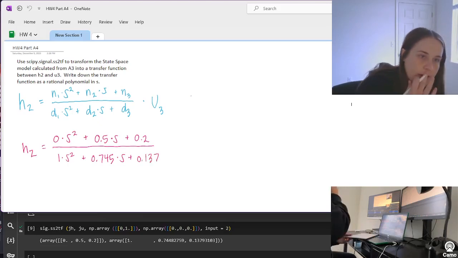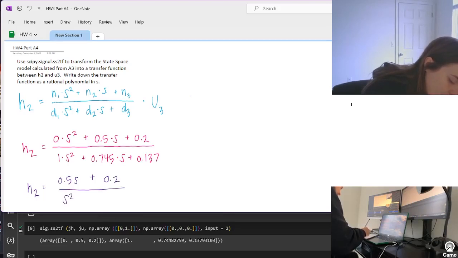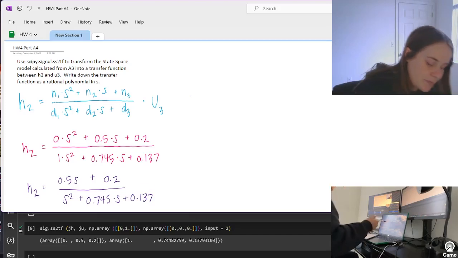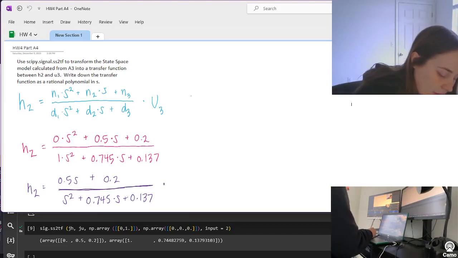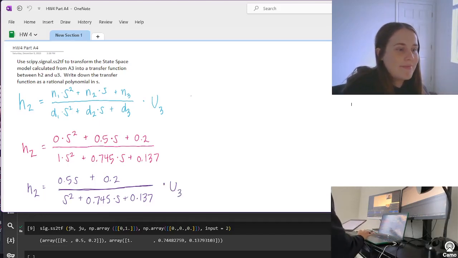This would simplify down to H2 equals 0.5 s plus 0.2 over s squared plus 0.745 times s plus 0.137. Oh, and then multiplied by that U3. And there we have it.